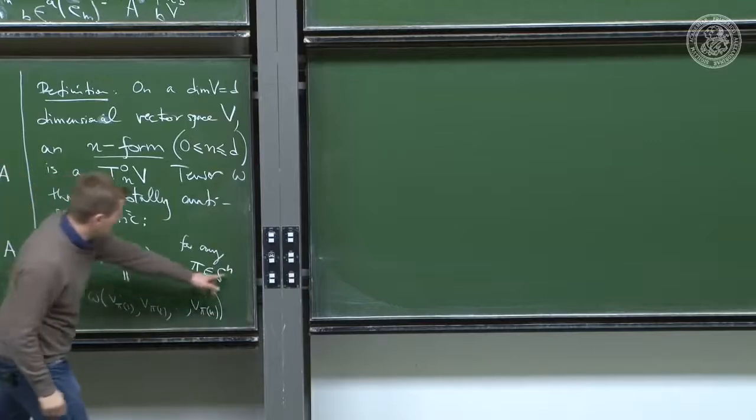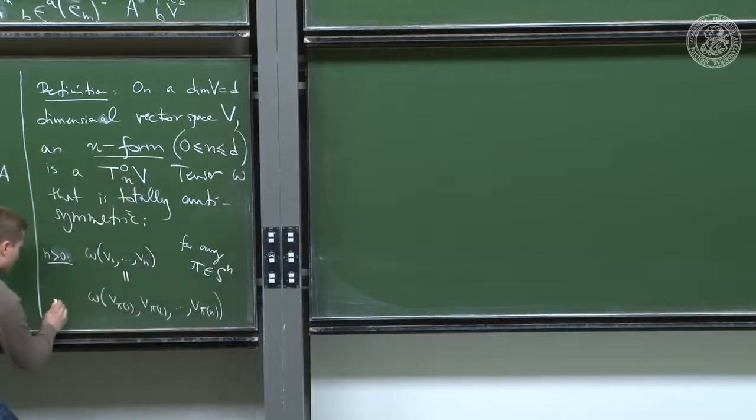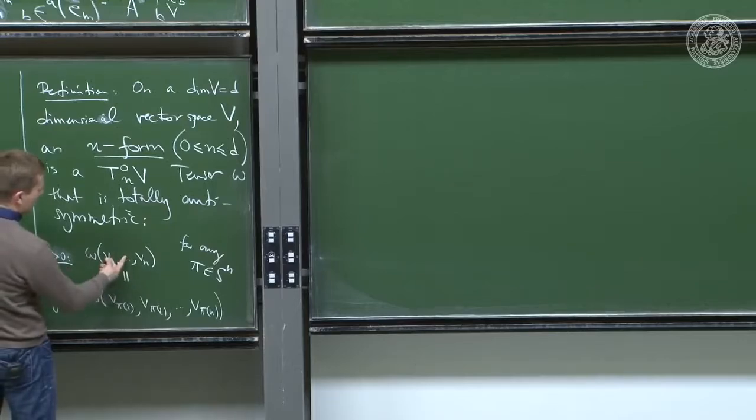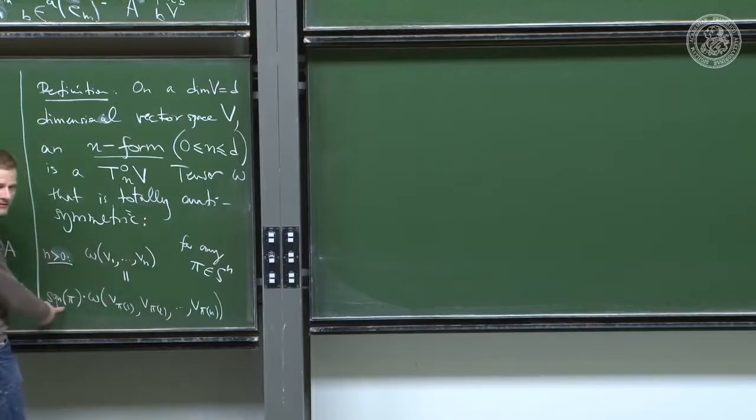So that's not the sphere, this is the permutation group. But then you have here a signum, a sign of the permutation. And you know the sign of a permutation is +1 if it's an even permutation, and -1 if it's an odd permutation. I trust you know this. More simply said, if you exchange any two, you pick up a minus sign.